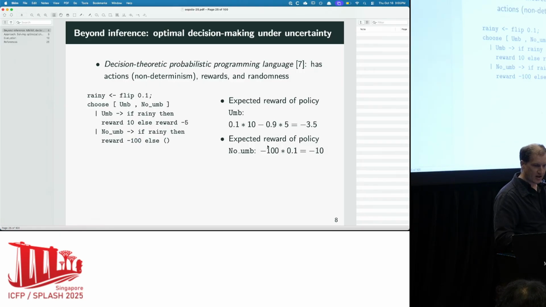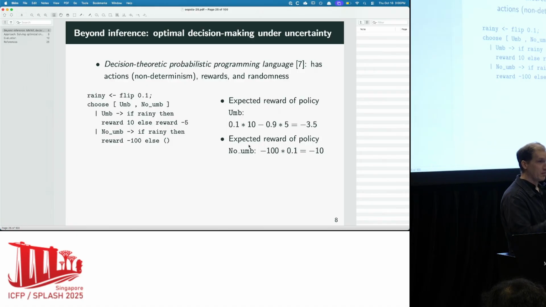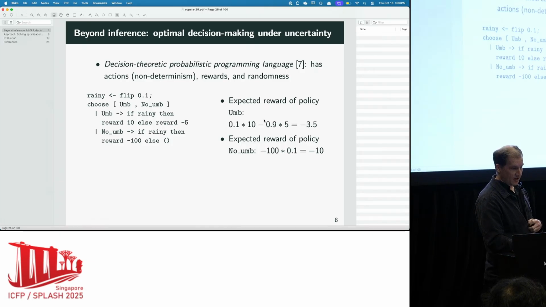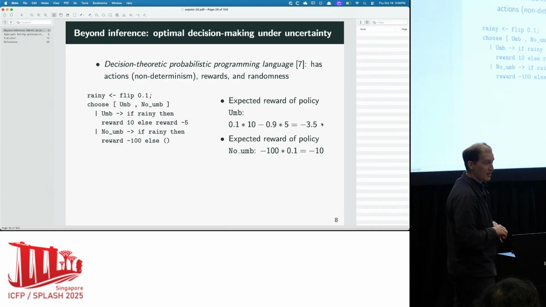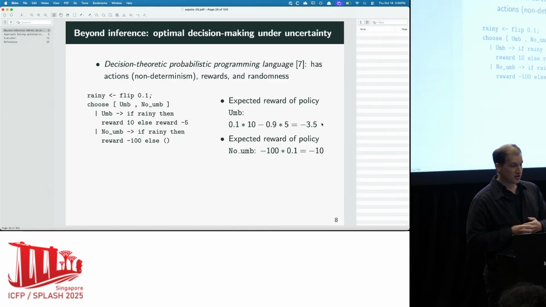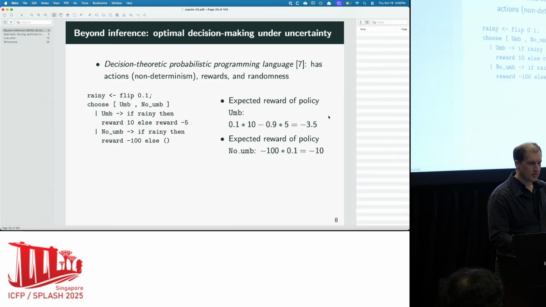I can compute the rewards of these two policies by taking the weighted average over those outcomes, weighting the reward by how likely each outcome is. You can see that if I bring the umbrella, that has an expected reward of negative 3.5, and if I don't bring the umbrella, then it has an expected reward of negative 10. So if you're the kind of person that optimizes for expected utility, then you would choose to bring the umbrella in this situation, right?